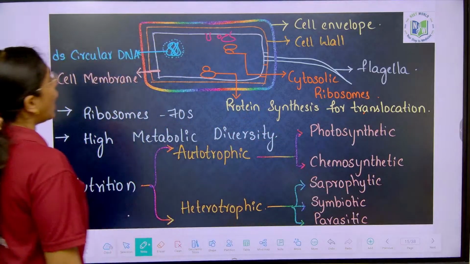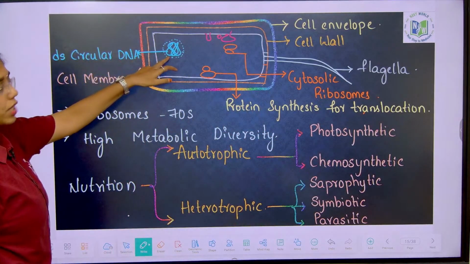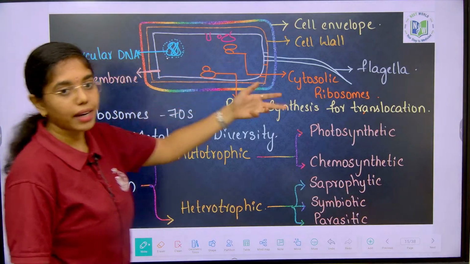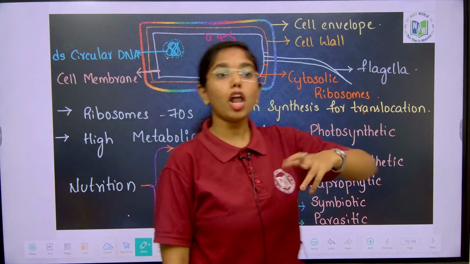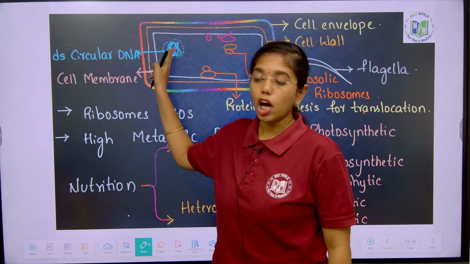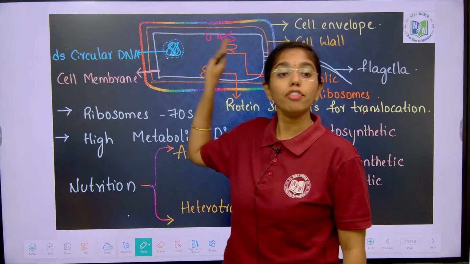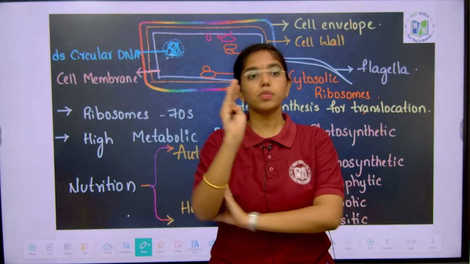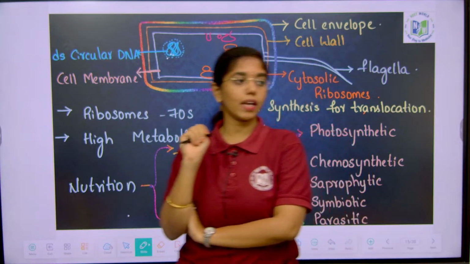Good. And we have double stranded circular DNA, that is nucleoid, which consists of what? RNA and polyamines too. This is addressed as genomic DNA. Along with this genomic DNA, we also have non-genomic DNA, that is known as what? Plasmid DNA. Plasmid DNA has 3 specific functions we have learnt. What are they?